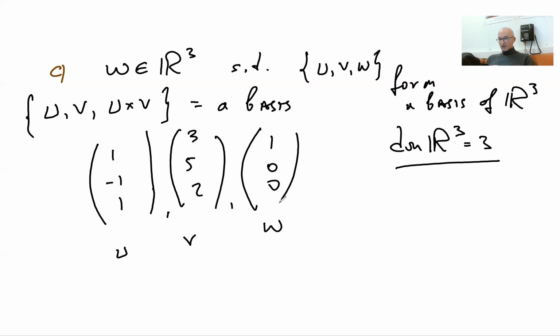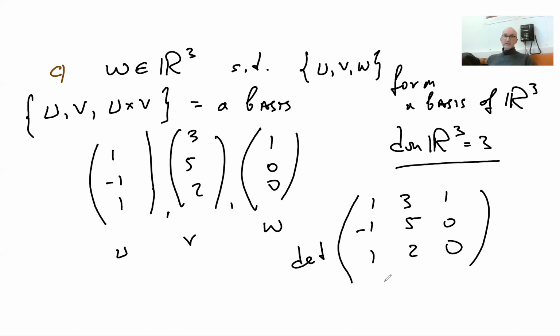To show that this is a basis, the only thing I have to show is that these three vectors are linearly independent. There are many ways of doing this, but one way is to just check the determinant of this matrix. If the determinant of this matrix is not 0, then the columns of this matrix are linearly independent.